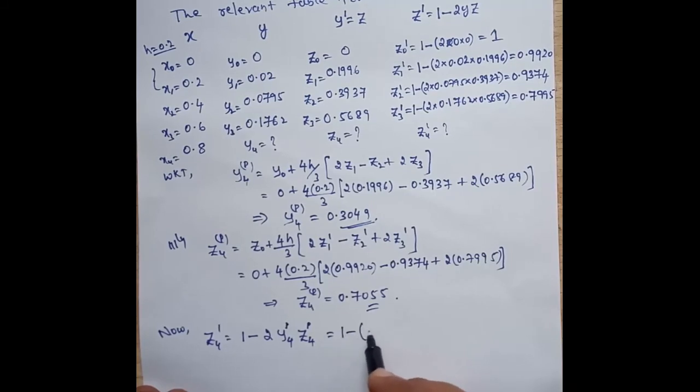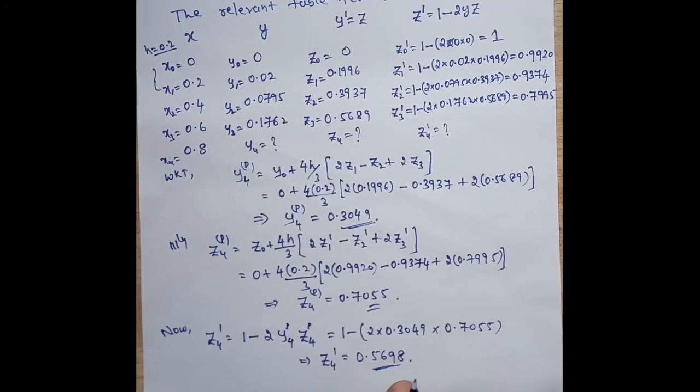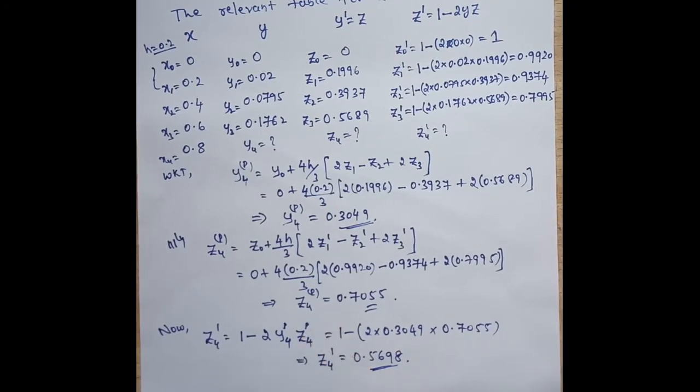It is 1 minus 2 into y4p. What is y4p? 0.3049 into z4p, which is 0.7055. If I simplify this, we get z4 dash. So z4 dash for this problem is 0.5698. This is the value of z4 dash, which I can use in the corrector formula. This is how we can find the value of z4 dash.